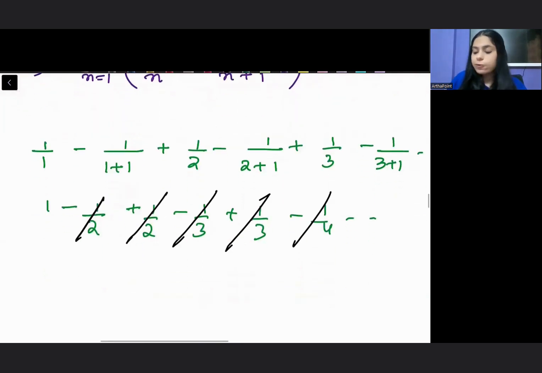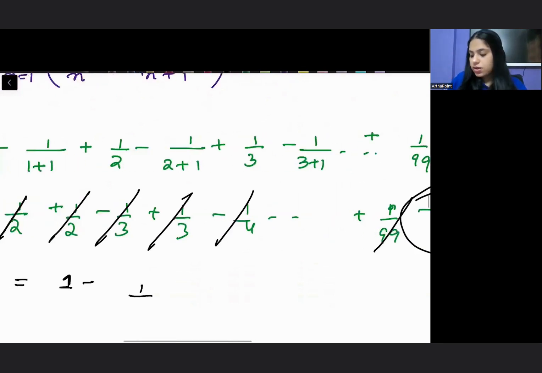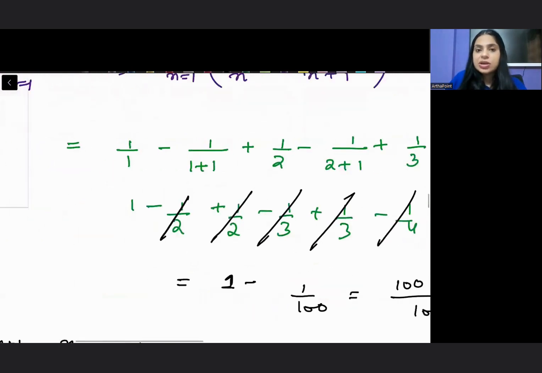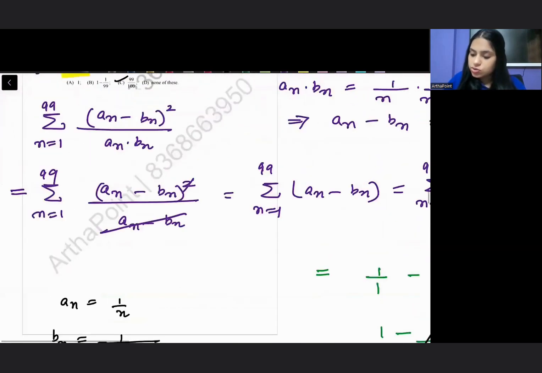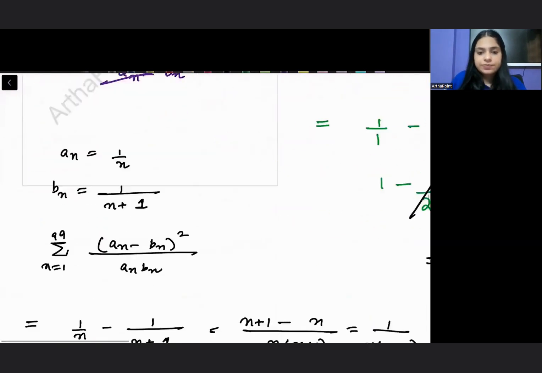These will all cancel out, and you will be getting 1, and you will have this last term only, minus 1 by 100. So this will be 1 minus 1 by 100. This will be 99 by 100. So the correct answer to this question will be C. That means 99 by 100. That would be the answer to this question. Right, beta? Okay.